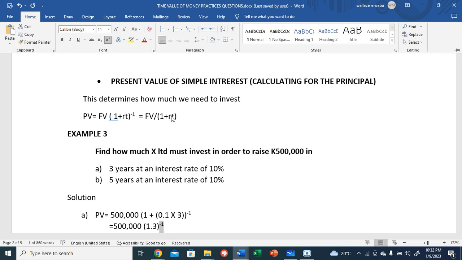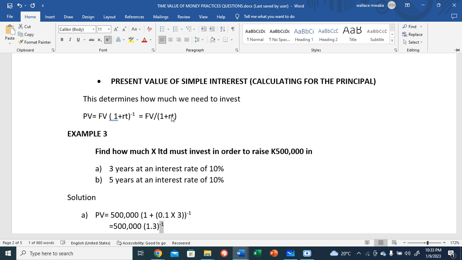Okay, 1.3 to the power negative 1 is 0.769, to 3 decimal places.